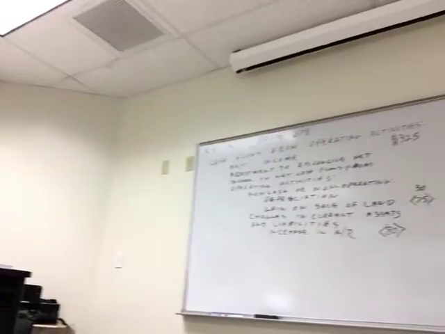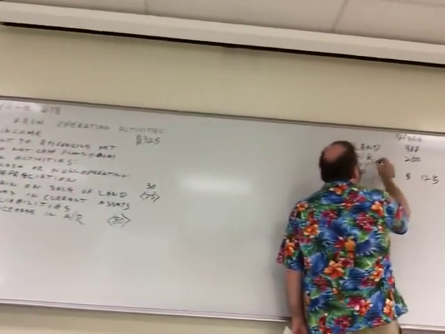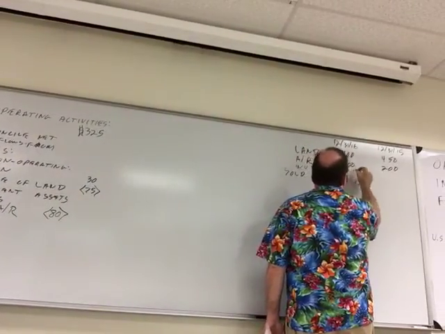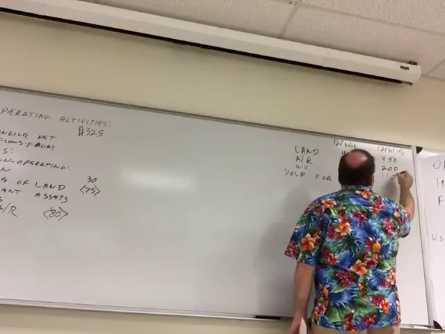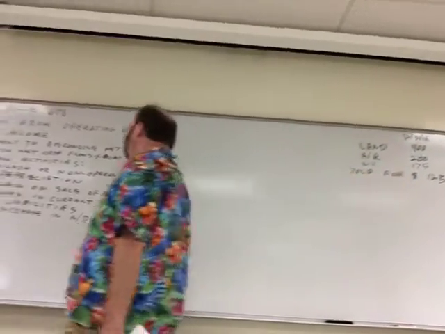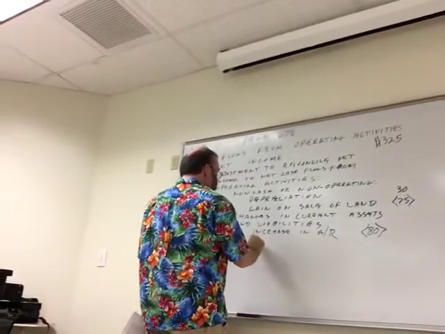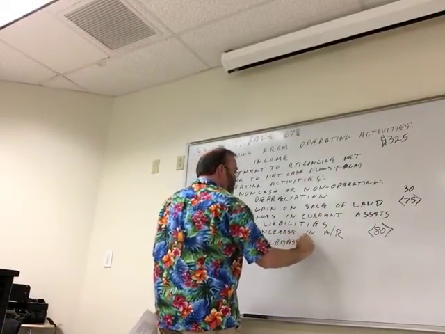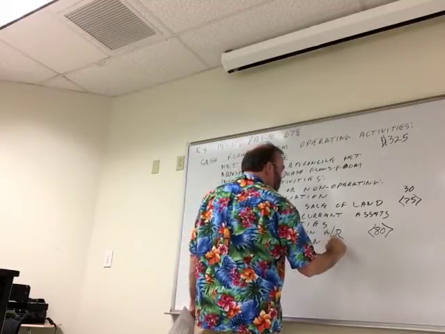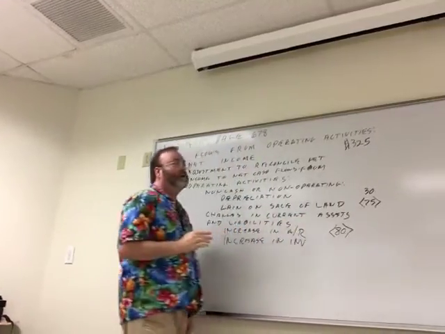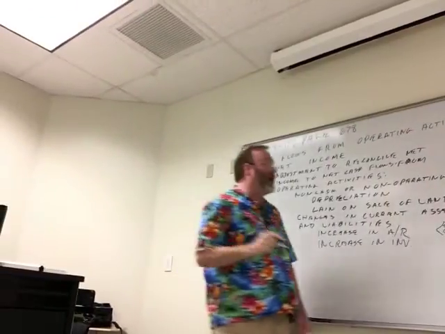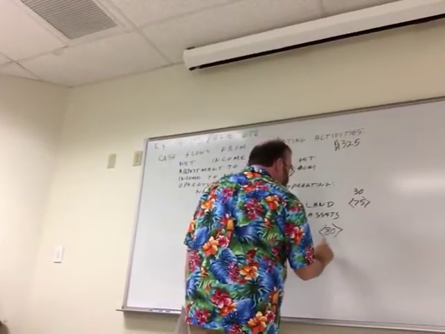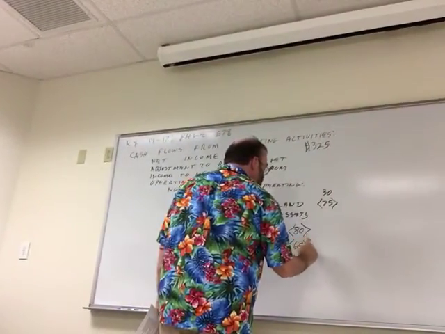Inventories, on the other hand, went from 110 to 175. So inventories also increased. So if you have $65 worth of more inventory, you spent cash on that.